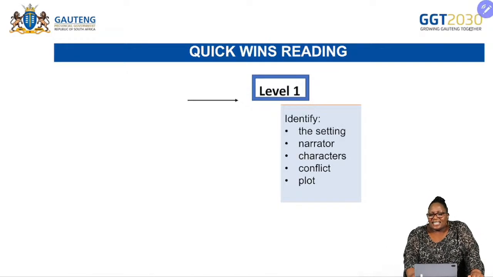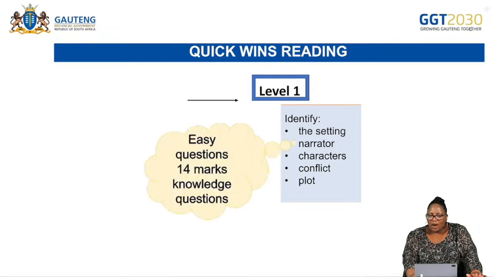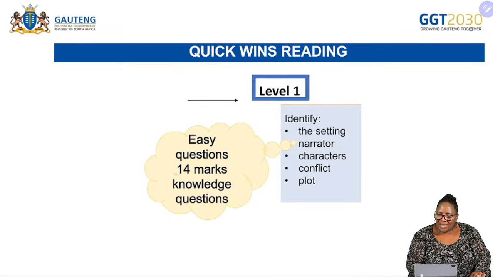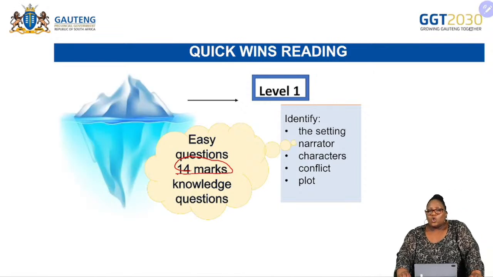And these questions are made up of level 1 type of questions. You are identifying the setting, the narrator, characters, conflict, poet, plot, and they make up how many marks? 14 marks. And we call those questions knowledge questions.